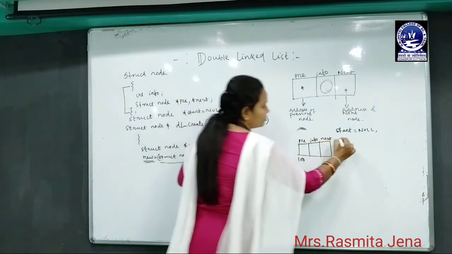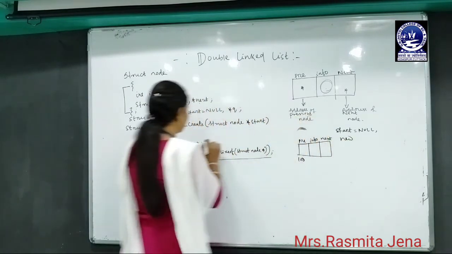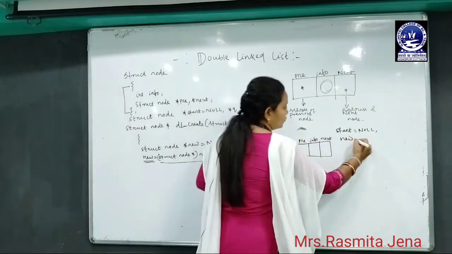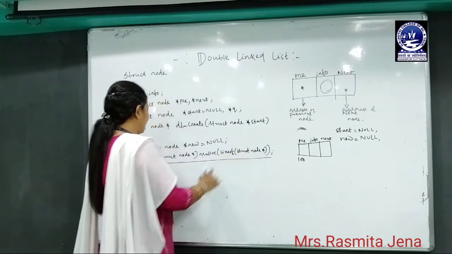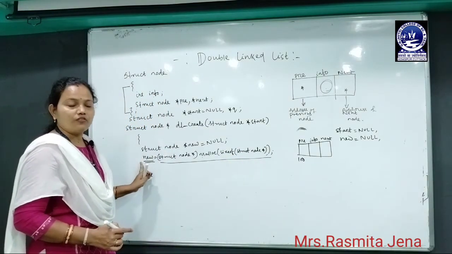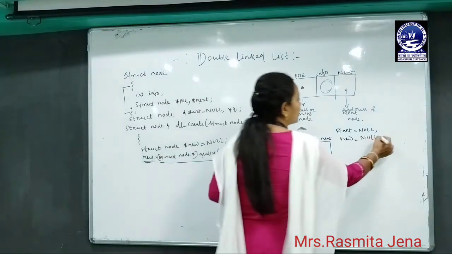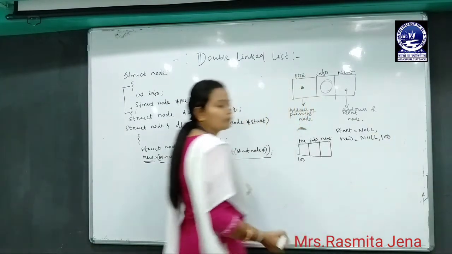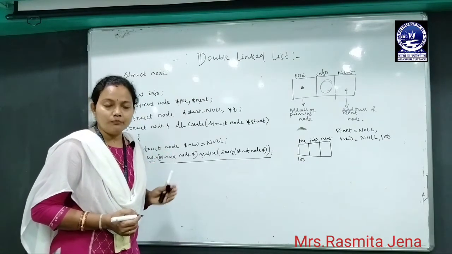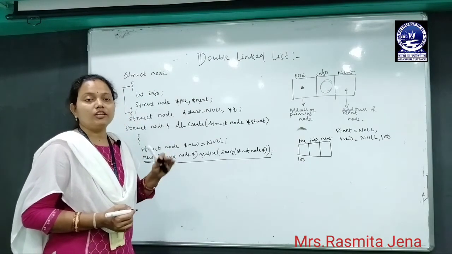Initially new is initialized as null, and when I execute this statement, the address of the new node is assigned to the pointer variable new. So new became 100.